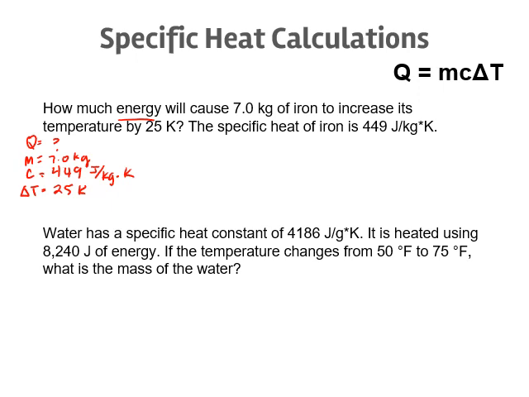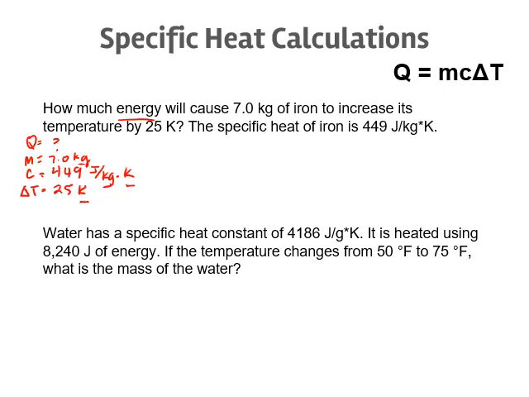When you're solving these problems, because things like mass, the specific heat constant, and temperature can have different units, as long as our units are the same, we don't have to worry about unit conversion. For this problem, we're given Kelvin as temperature and Kelvin in the specific heat capacity. We're given kilograms as a mass and kilograms in the specific heat capacity.